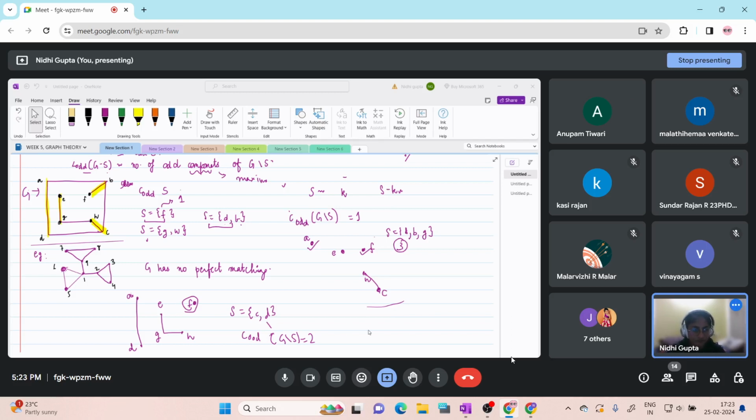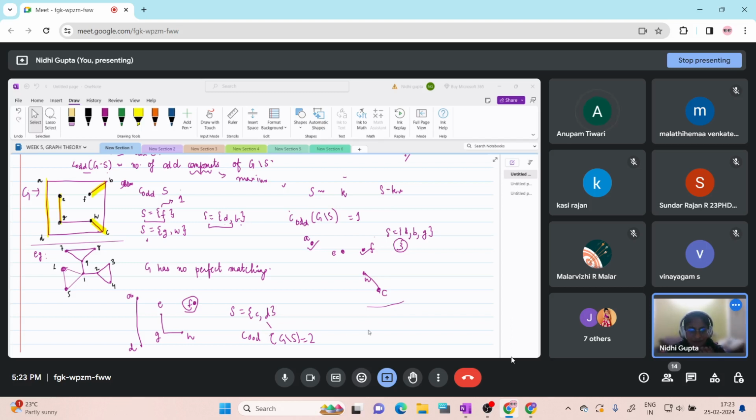Today's theorem says that if the graph has a perfect matching, and if you remove k vertices, the number of odd components after the removal will be less than or equal to k, and this is a necessary and sufficient condition.